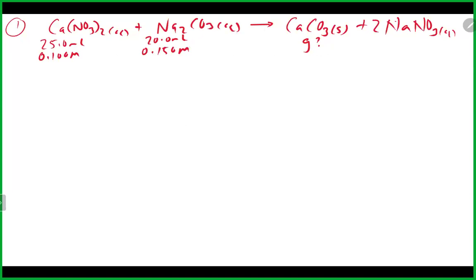So once again, we do have a stoichiometry problem, which means we do want to make sure that it's a limiting reagent problem or not a limiting reagent problem. And in this case, because we have the molarity and the volume, that is going to allow us to get to moles of that guy pretty easily.